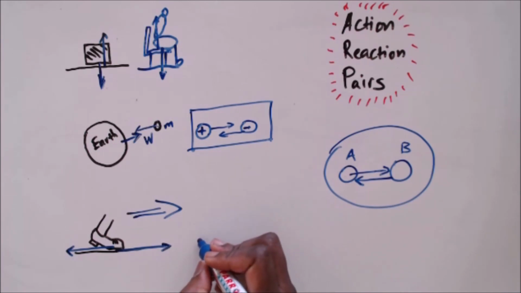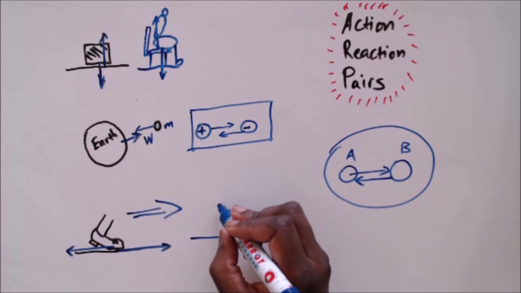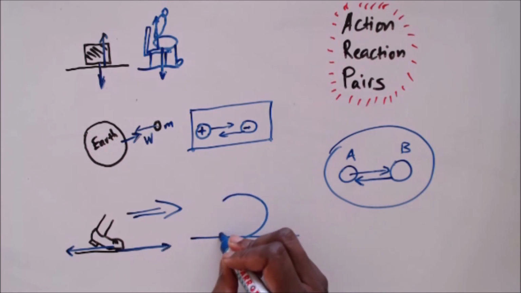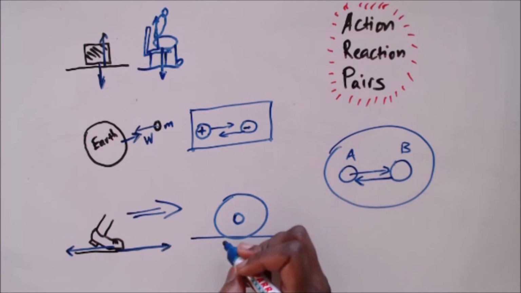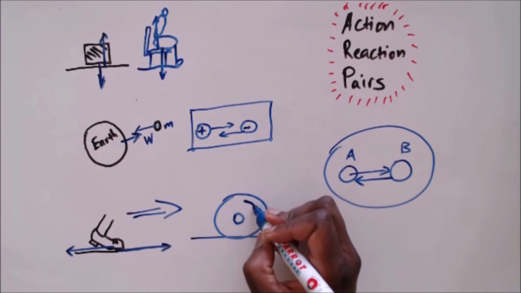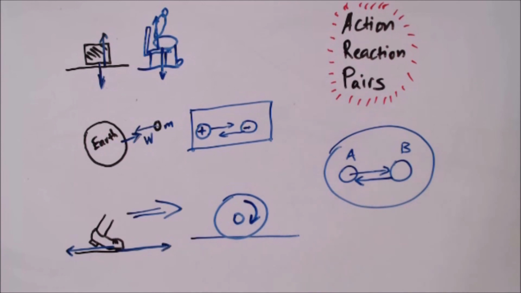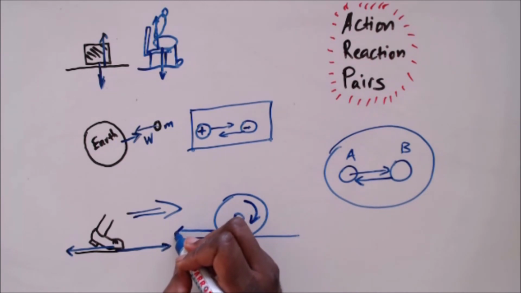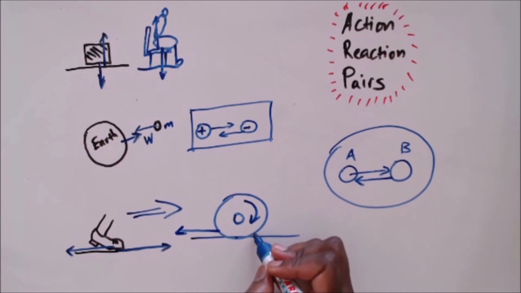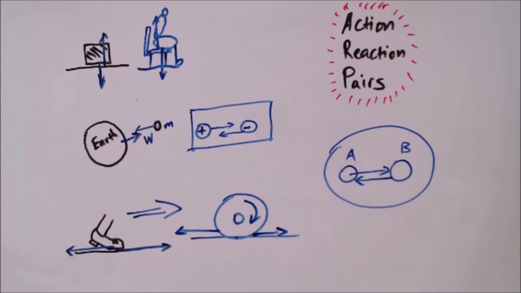If we look at the example of a motor vehicle whose tires are in contact with the ground, those tires rotate, in this case, in a clockwise fashion. That exerts a backwards force on the ground. The ground then exerts a forward force on the tire.